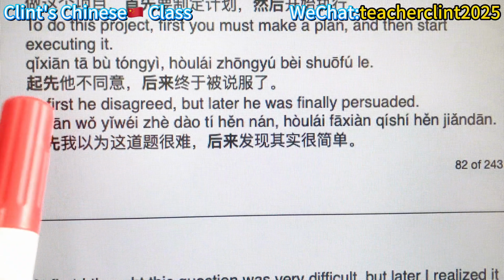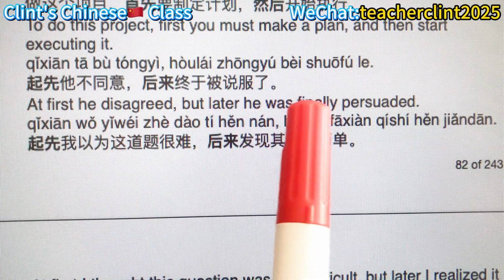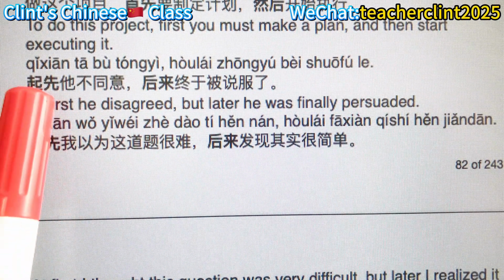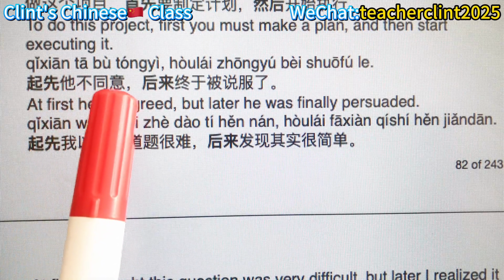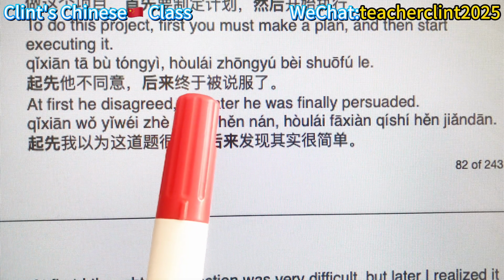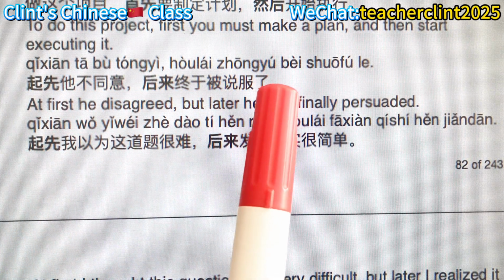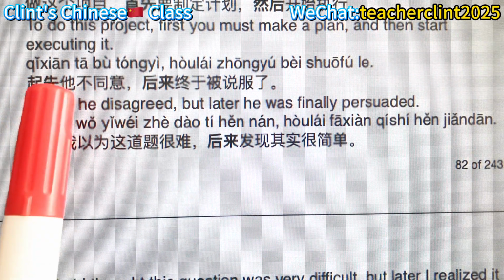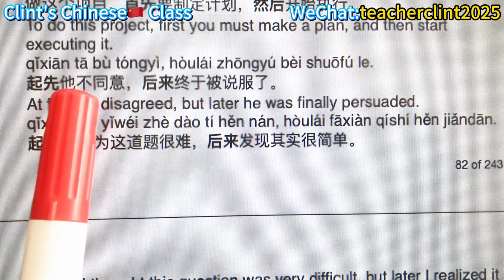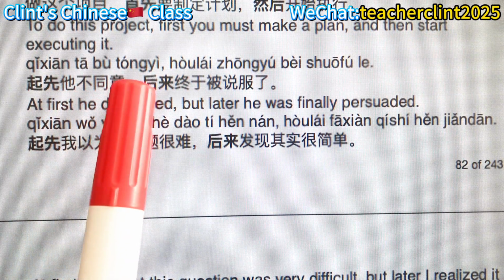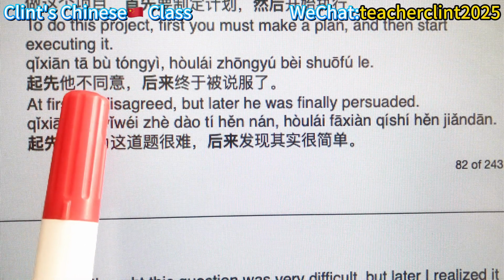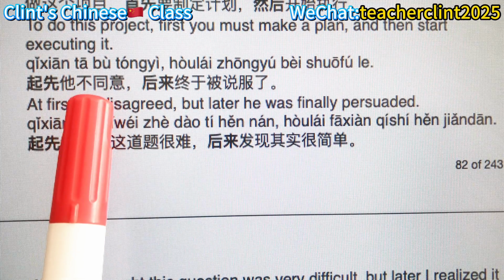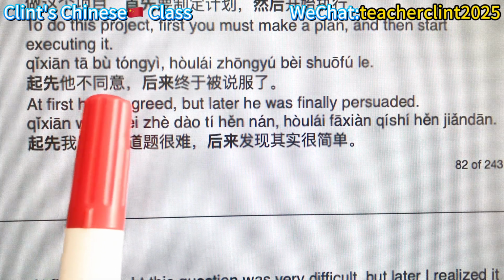Next one. At first he disagreed, but later he was finally persuaded. 起先他不同意，后来终于被说服了。So 起先 at first 他不同意，他 he subject 不同意 disagree 同意 is agree, so we use 不 to negate the verb.